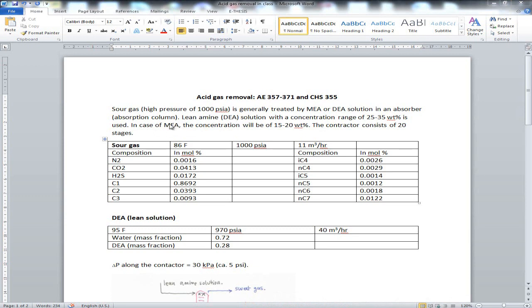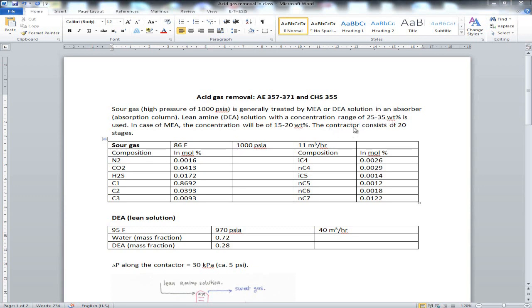In case we are using methyl-ethanolamine, the concentration will be a bit low. This is conveyed in mass fraction. For diethanolamine, the concentration will be higher mass fraction, about 25 to 35 weight percent.